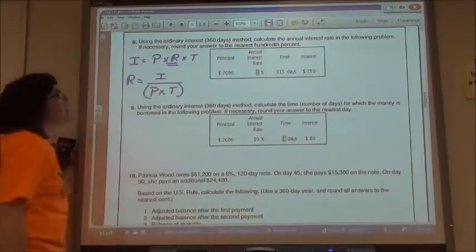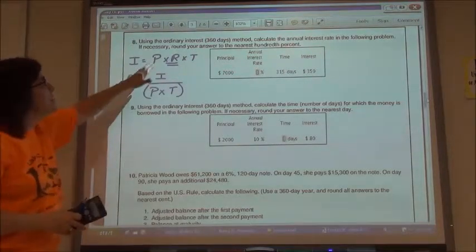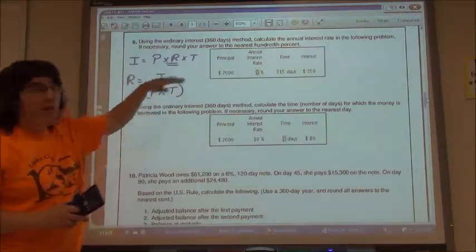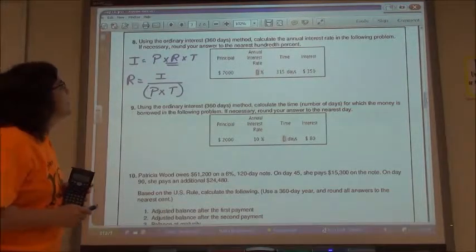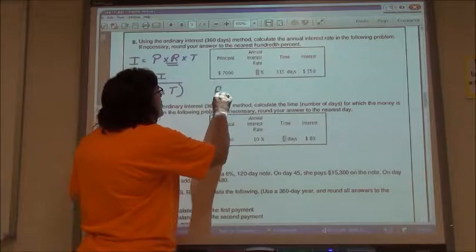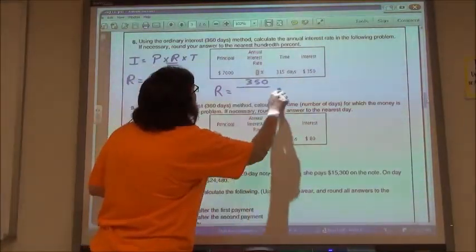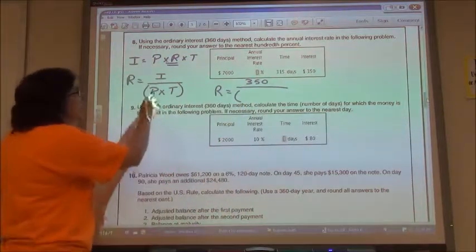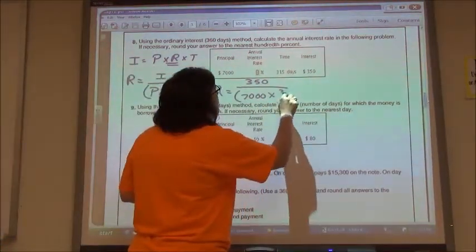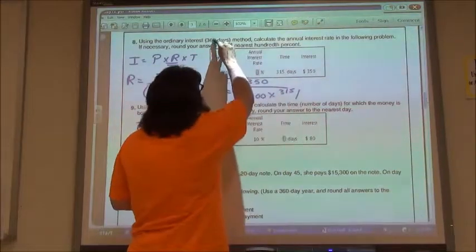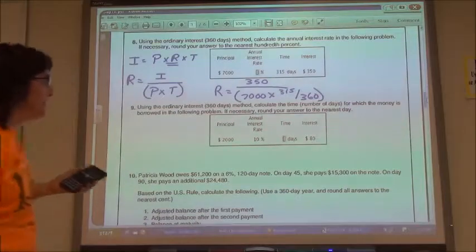Again, there's two things on the bottom, so I would want to put parentheses down there. So the interest is divided by my other two things that I know when I'm trying to solve. In this case, my interest rate is going to be equal to the interest, $350, divided by the principal, $7,000, times the time, 315 out of 360, because we're using ordinary time.